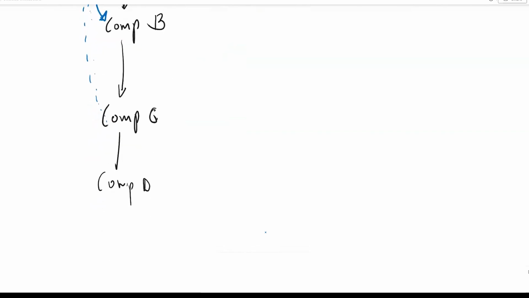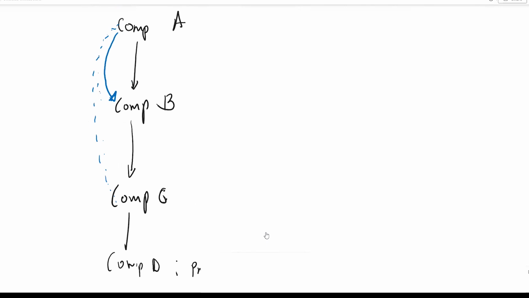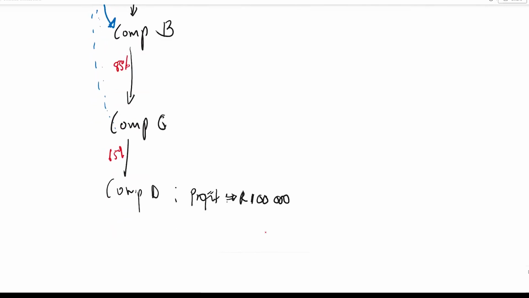For example, let's say company D makes a profit of 100,000. I'm just giving a simple example just for illustration purpose. Consolidation is not this straight. So let me first of all put how much shares they have. This one has 60%, they have 85%, and this has 65%. Okay, perfect.